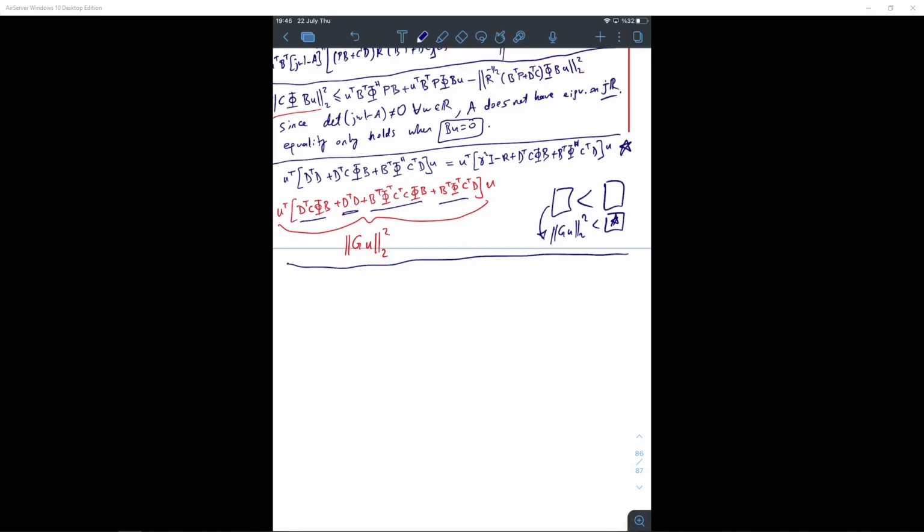You know what? Before doing that, let me write the right hand side of this part in an expanded manner. So I'm only going to focus on the right hand side of this inequality, right?